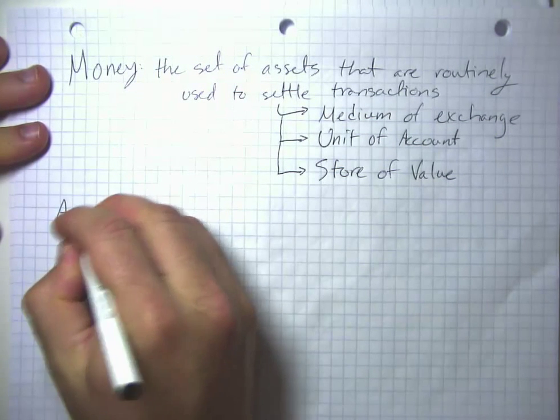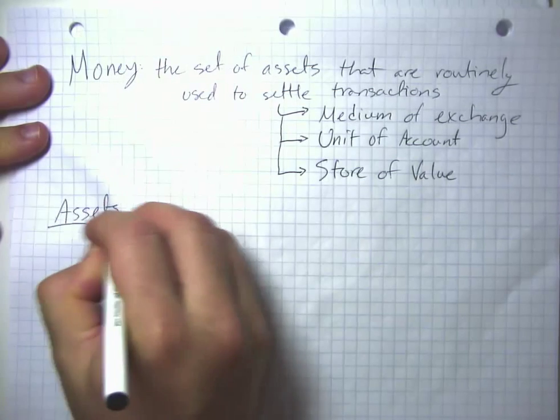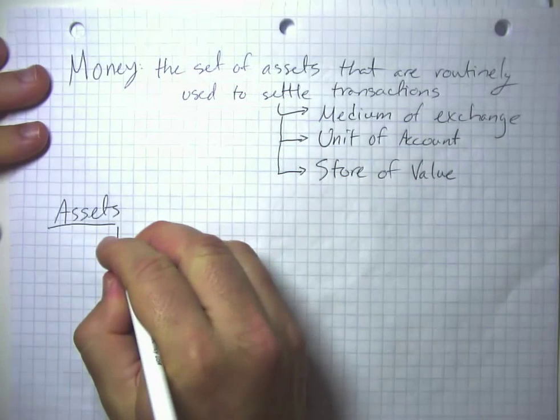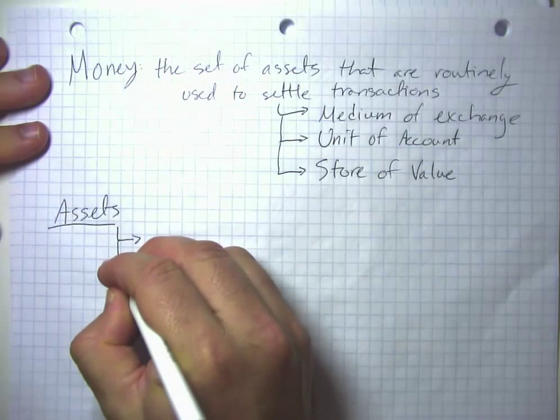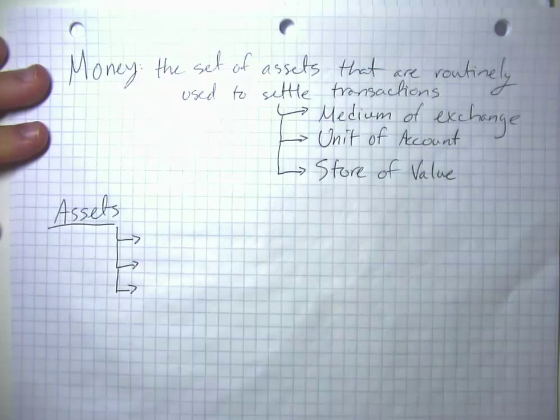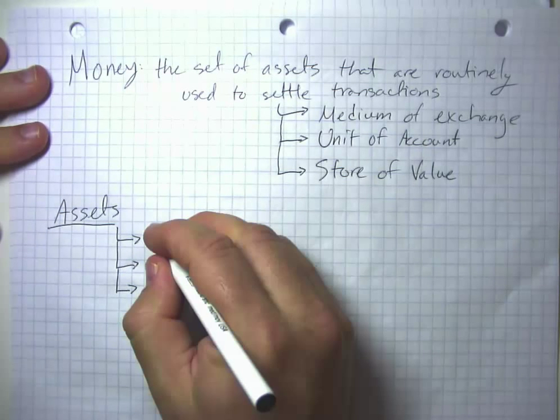And in many ways, slightly going back, money again is an asset. That means it's a thing you can own. It has value. And for all assets, we would be interested in how they perform on three different dimensions. One is their liquidity.